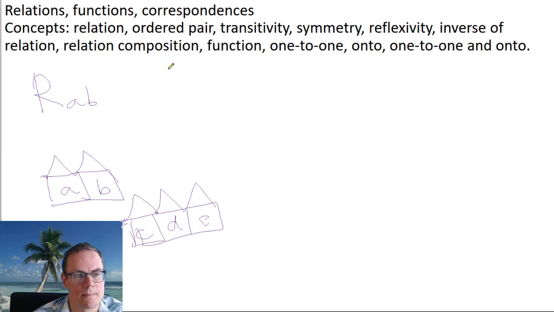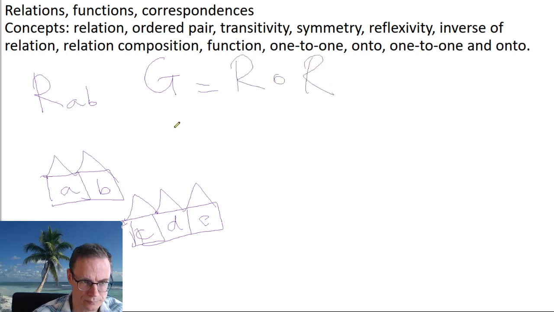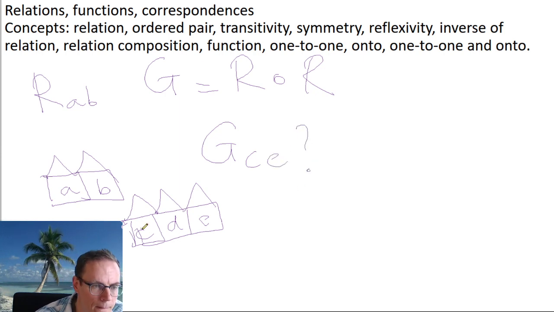Now you could ask, suppose we take the relation G, and that is the composite of R and R. So G relates those ordered pairs whose first member is related by R to something, which is related to the second member of the ordered pair by R. So we could ask, does G hold between C and E? Well, it turns out that yes.